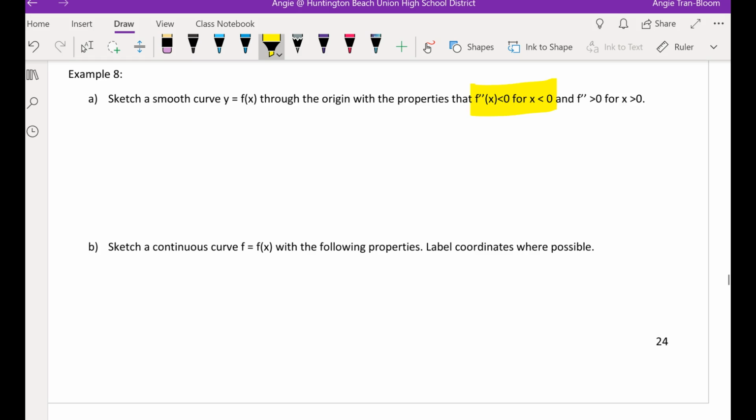By the way, what is that describing? Concavity. Is that concave down or concave up? Concave down, because double derivative is negative. On the other side, it's also describing what? Concavity. Concave up or down? Up.